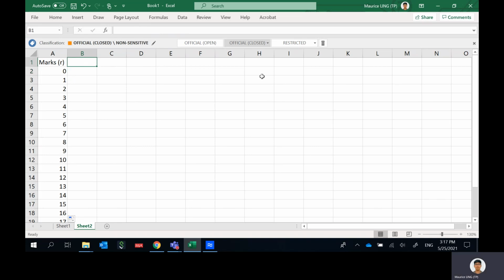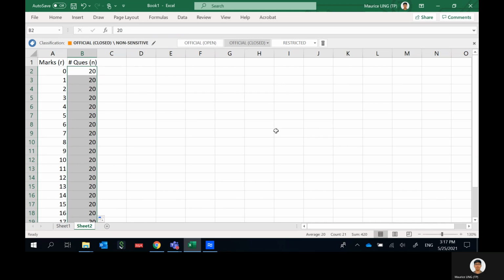And my total number of questions is actually my n value. I have 20 questions in total. Yeah, so it's possible to get 0 marks, as much as possible to get 20 marks.